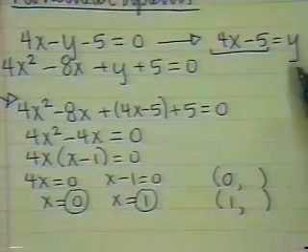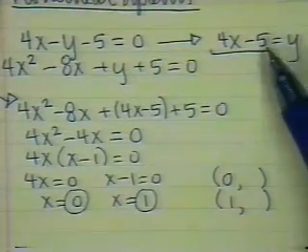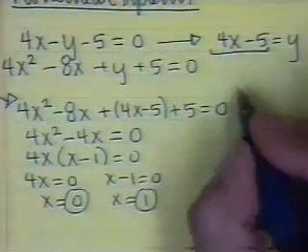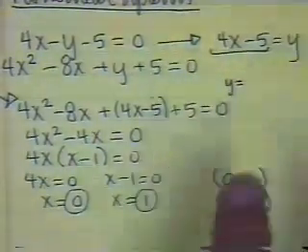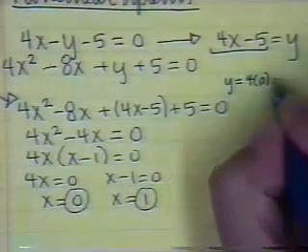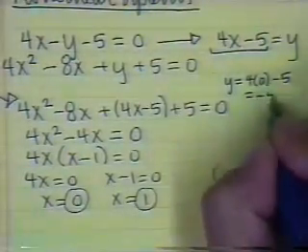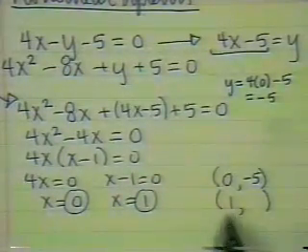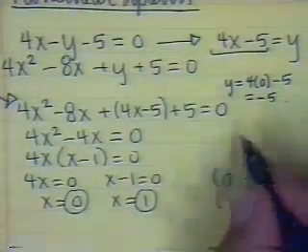The nice thing about having used the substitution technique is that I can now use this little block to help me generate my y values. The first one, y equals, now I'm going to use an x of 0 the first time. 4 times 0 minus 5. So my y value is negative 5 when x is 0. Now we'll plug in an x value of 1.